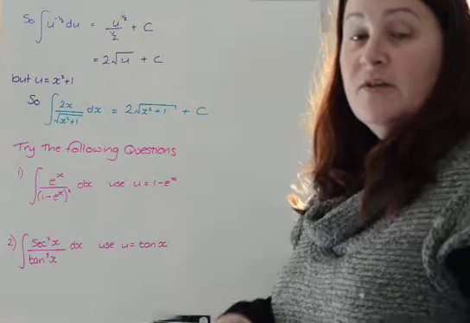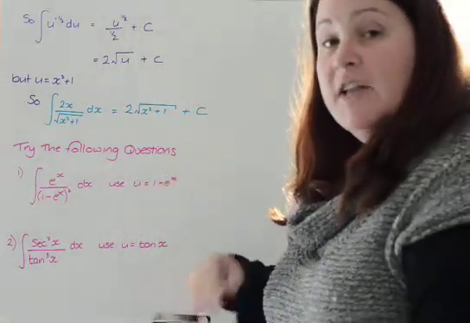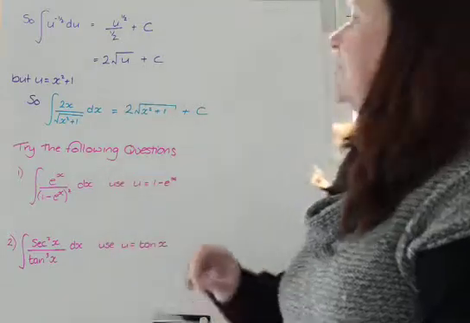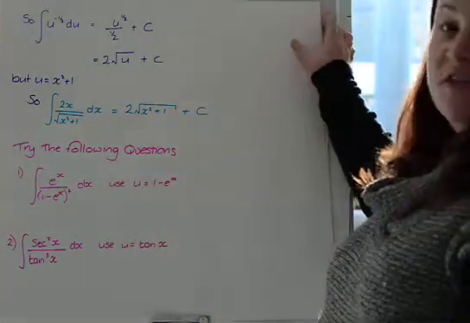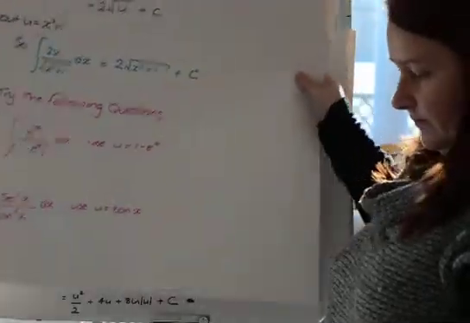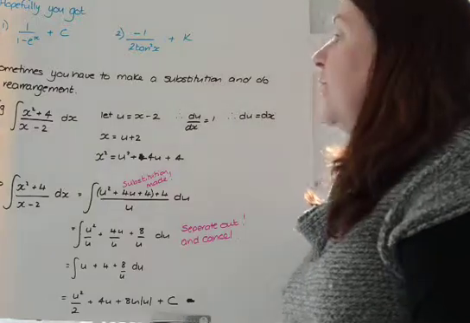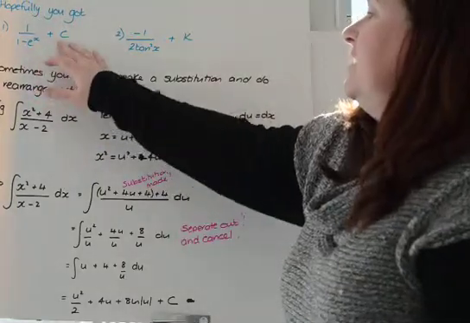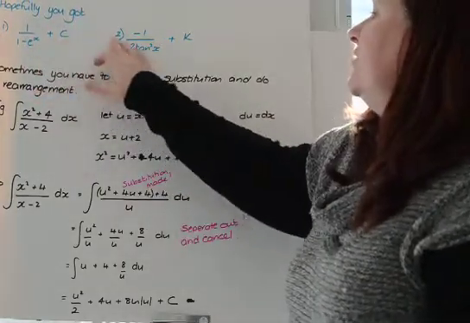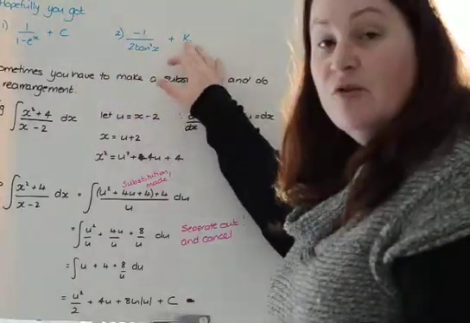So what I'd like you to do is pause the video, do the questions, and restart the video once you have your answers. So hopefully you got for question 1, 1 over 1 minus e to the x plus c, and for question 2, minus 1 over 2 tan squared x plus k.